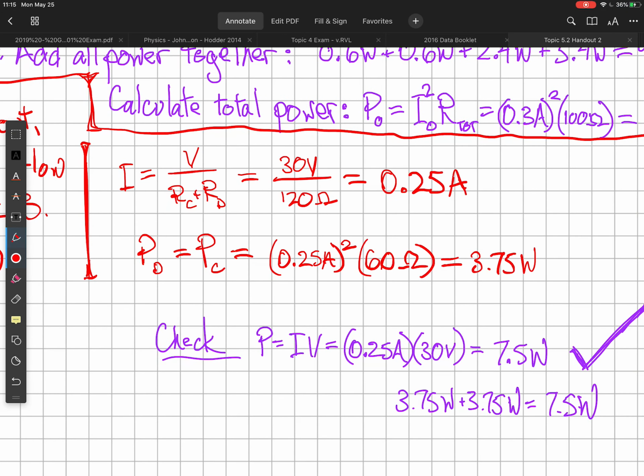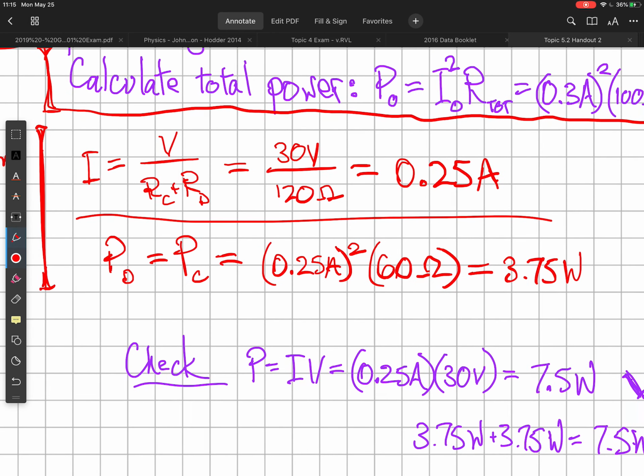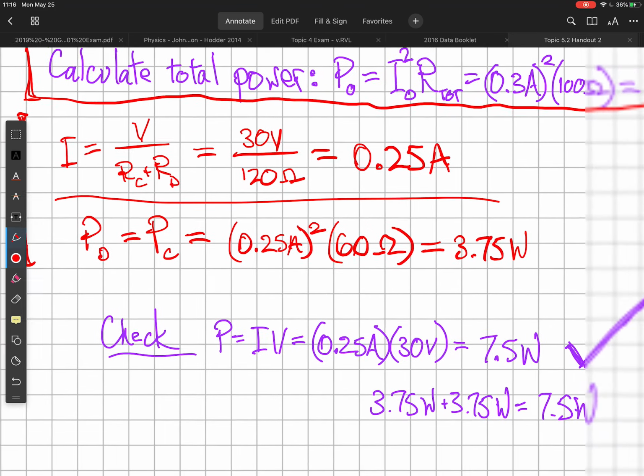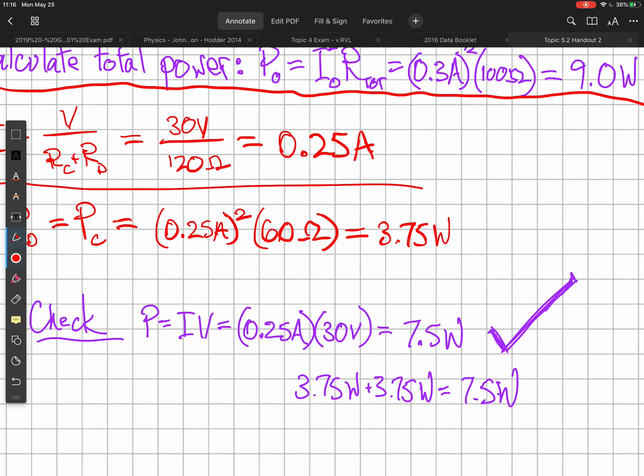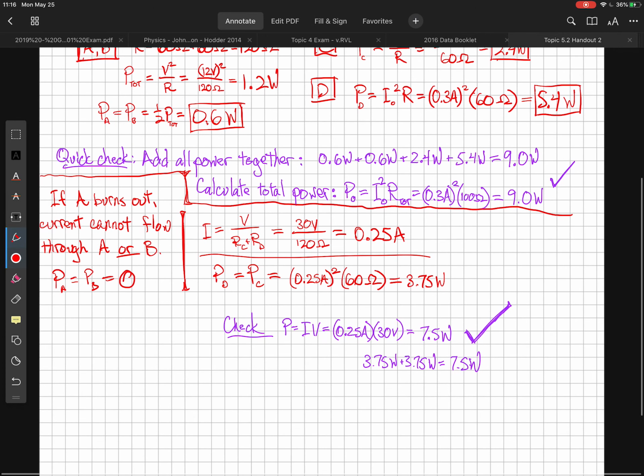Okay, so what I've done is calculate the current through the entire circuit, through each series component, and then use current squared times resistance. And again, there are multiple ways that you could approach this. I'm not sure what the book did, but it wouldn't surprise me at all if it were different. Okay, so there you go.